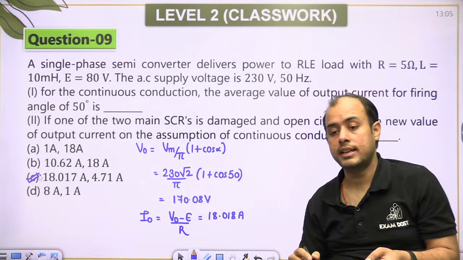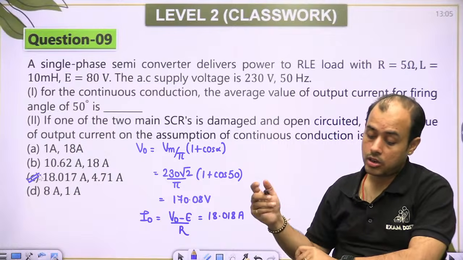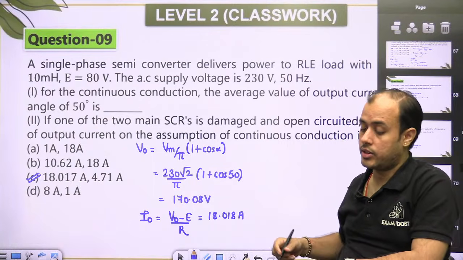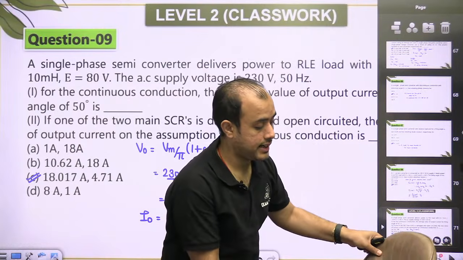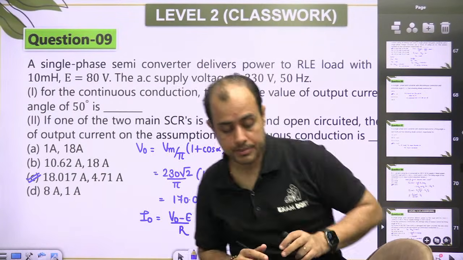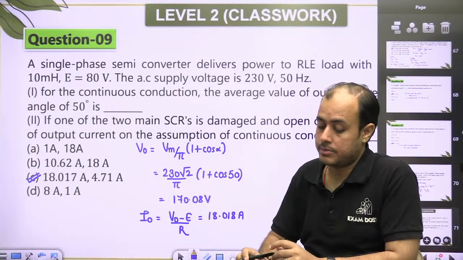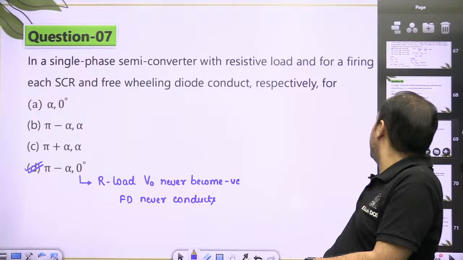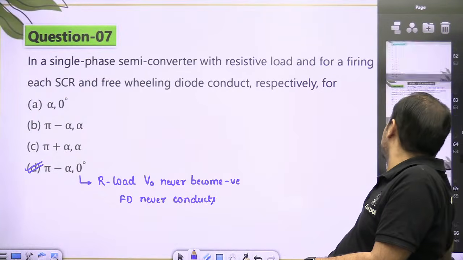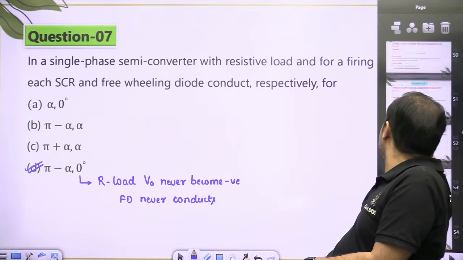But what about the next part, beta? Because the conduction is continuous, let me just copy the diagram. Whenever beta it talks about semi-converter, always take an assumption that it is basically a symmetrical semi-converter. Okay.